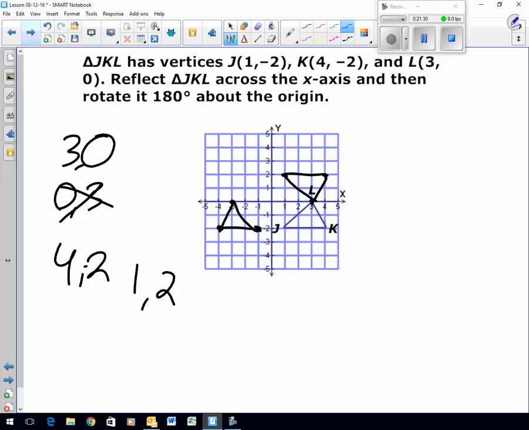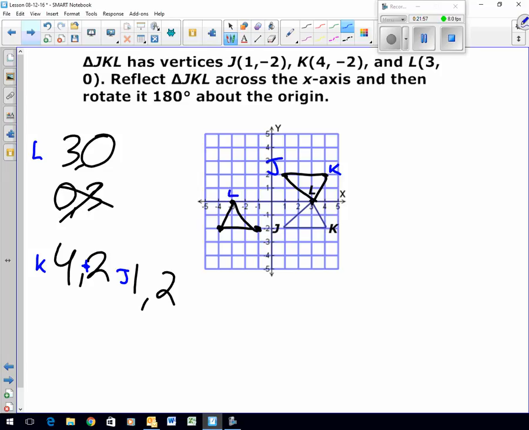He didn't quite label these. Here was L, this was K, J, okay. Could you have just reflected it across the y-axis? I don't even have to reflect. Let's see here. J, there's K, right?